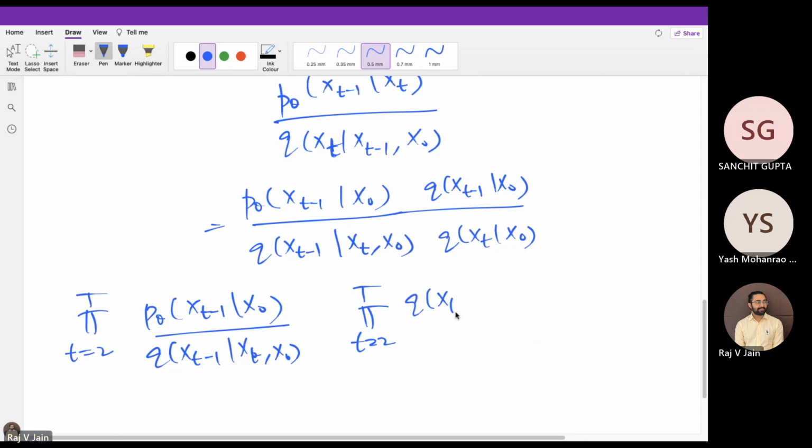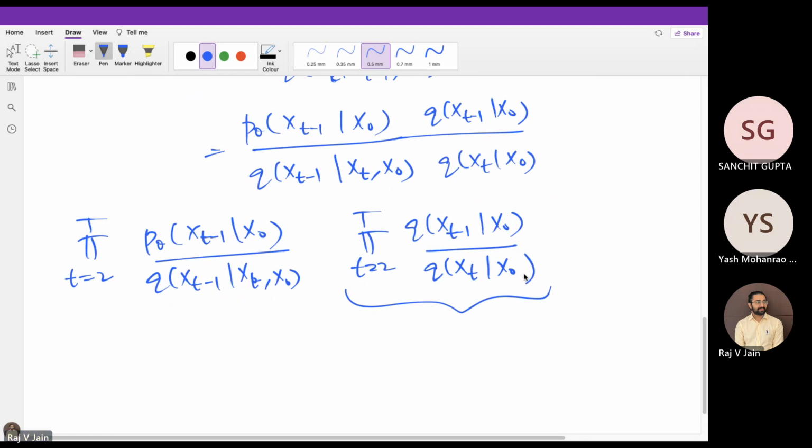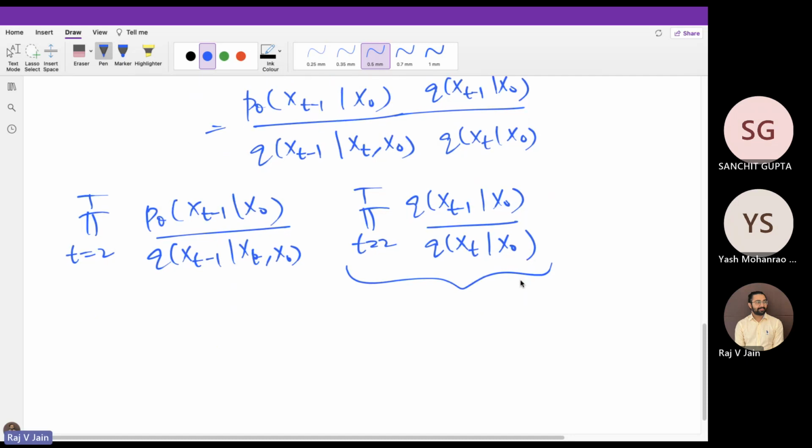Is this fine? What will happen to this product? We can cancel a lot of terms actually, right? So what will remain at the end? q(xt | x0).